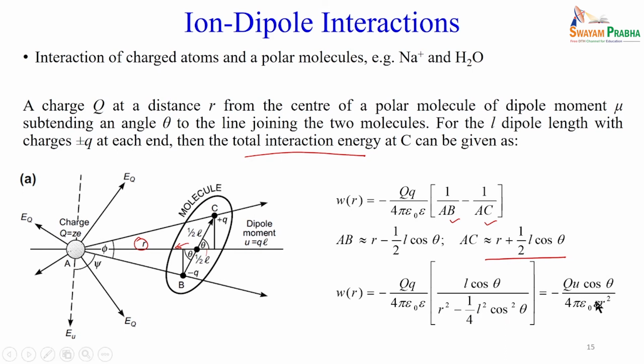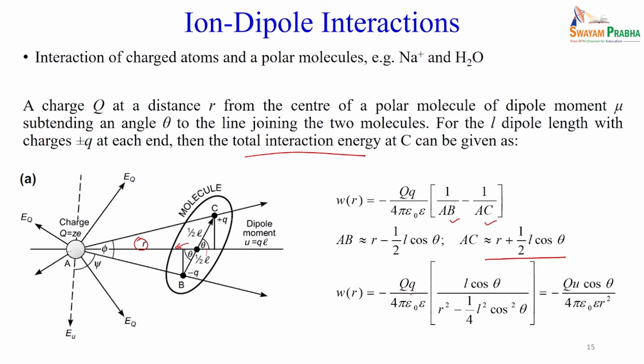We can simplify it and you will get the value minus Q into dipole moment, Q into L, is equal to U cos theta upon 4 pi epsilon naught epsilon into R square. So, we are neglecting this term.